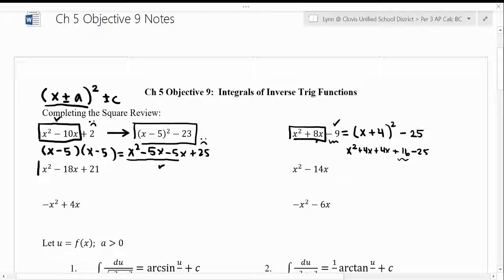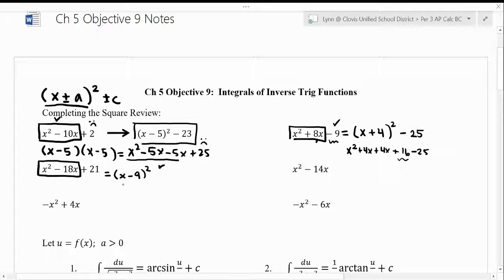Again, we start with x squared minus 18x, so the variable piece. And I say, okay, what would that factor to if it were a perfect square? It would be x minus 9 times itself, because half of negative 18 is negative 9. And then I need to figure out what's going to go here so that I will end up with a 21 instead of an 81.